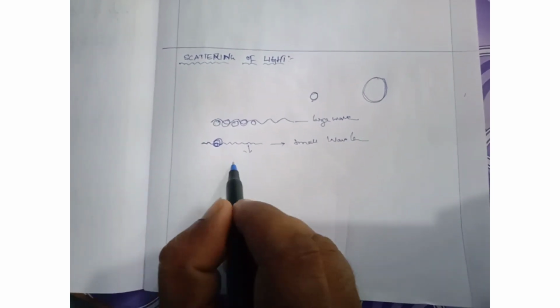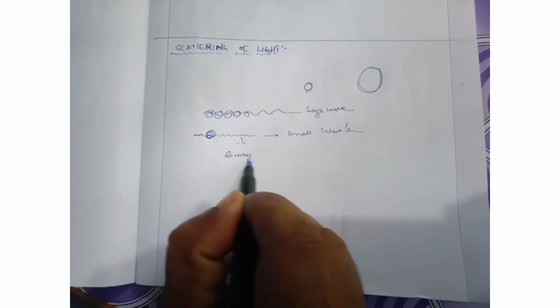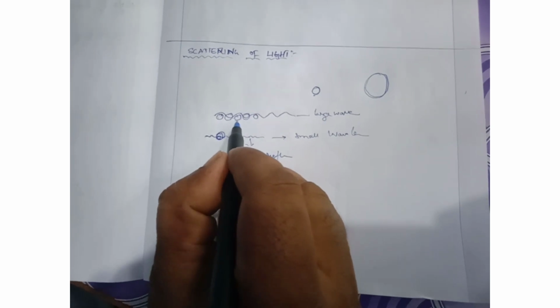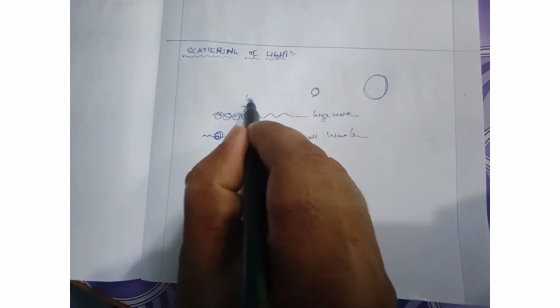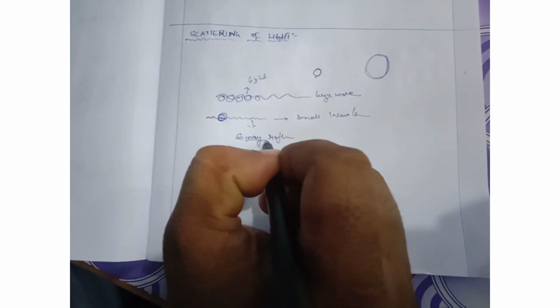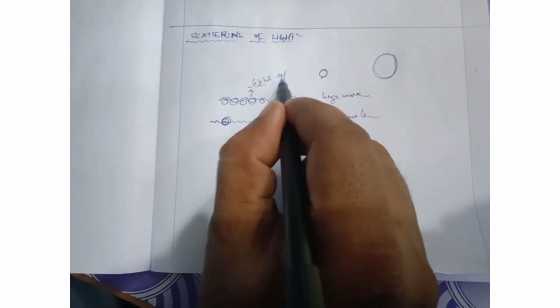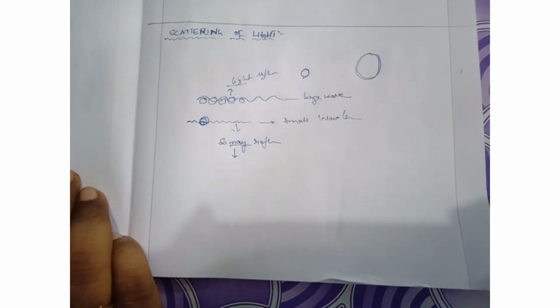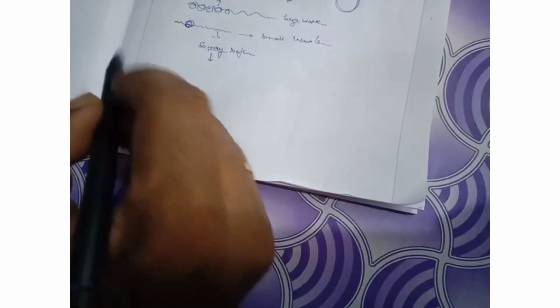That's why the small wavelength has a large reflection, and the large wavelength has a small reflection. That means the light reflections go on there.